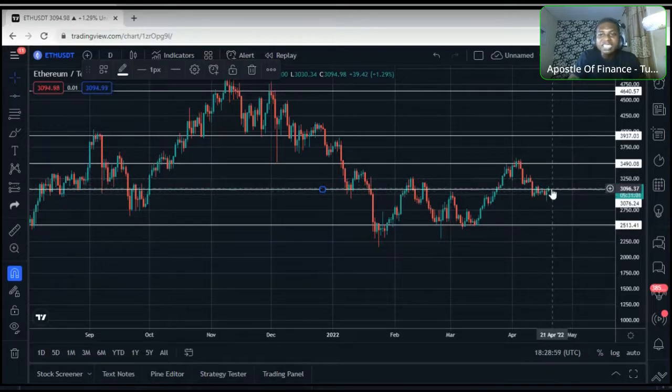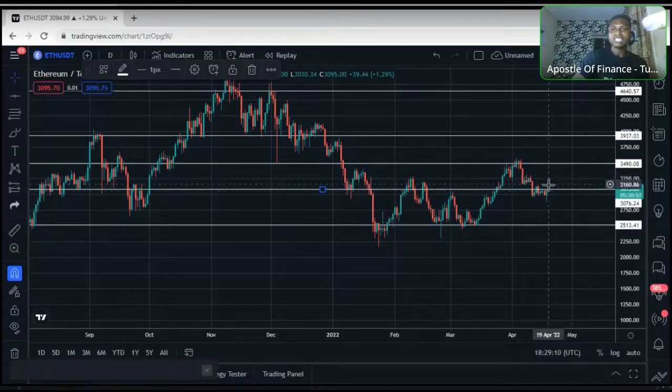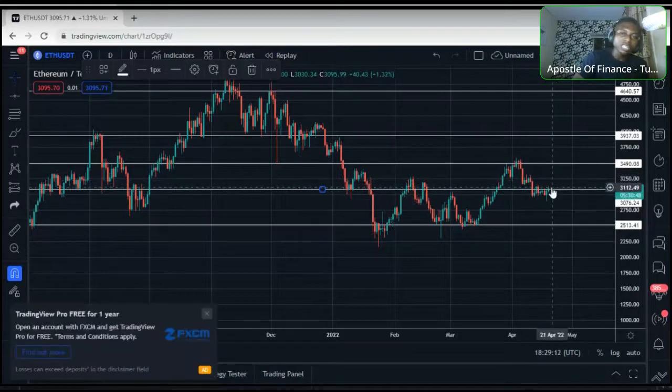It is if the price today closes above this support level. If the price today goes above the support level, there would be an upward movement of price, possibly to this place.